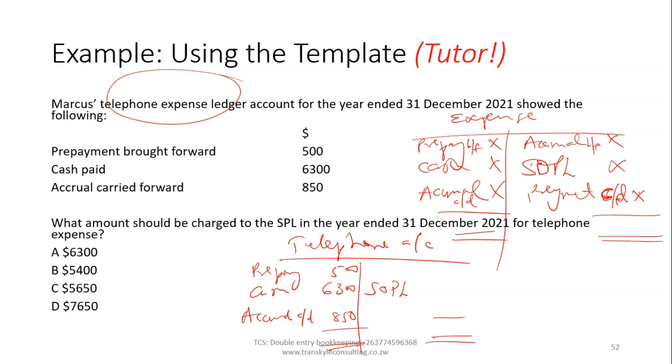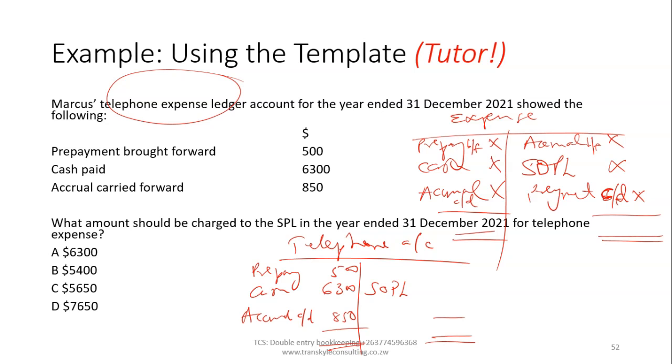So if you add these figures up, that's 6,800 plus 850. Let us just try to use our calculators so that we come up with a good working. So that's 500 plus 6,300 plus 850.